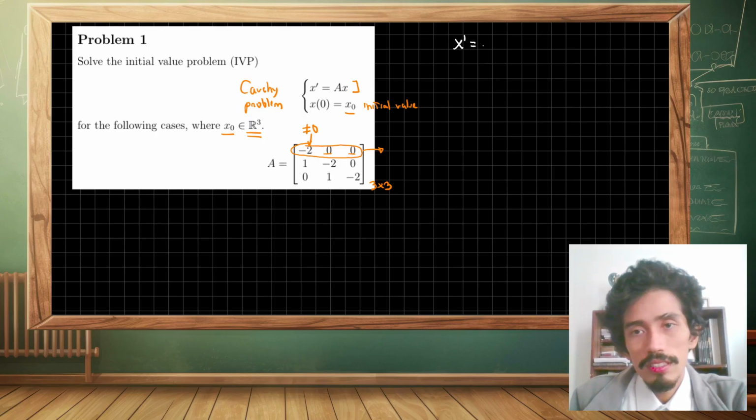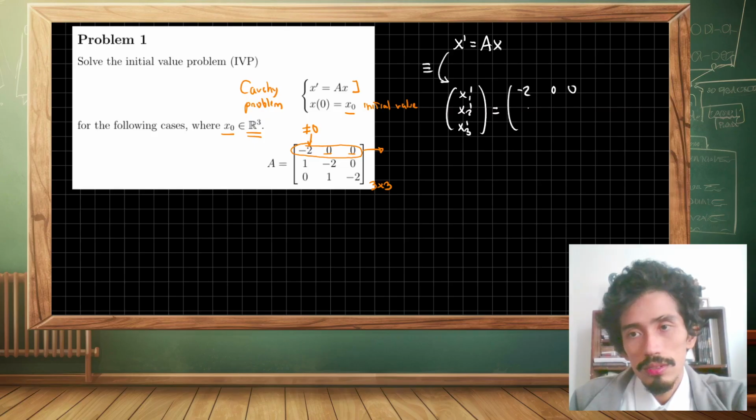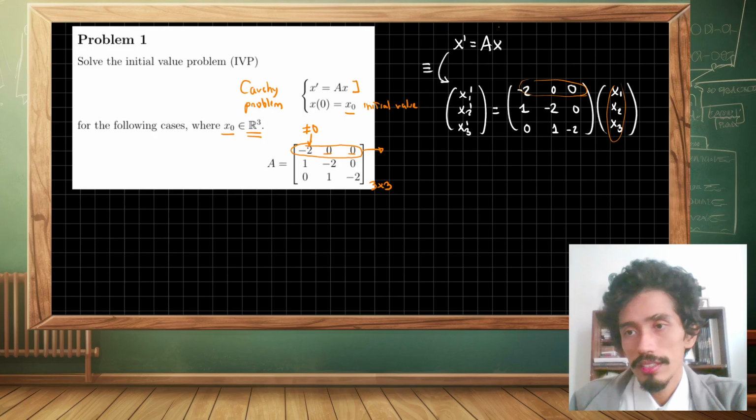Let's copy here the equation, which is equivalent to this expression: minus 2, 0, 0, 1, minus 2, 0, and 0, 1, minus 2, multiplied by the vector x1, x2, and x3. When you perform these multiplications, you know how to multiply matrices with vectors, so this is in turn equivalent to the following system.